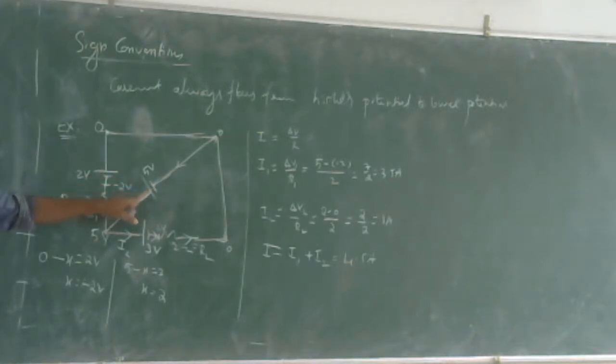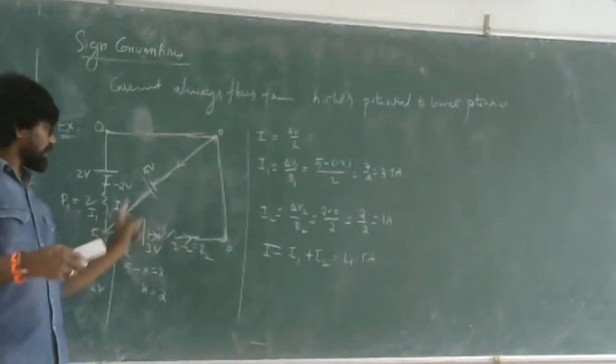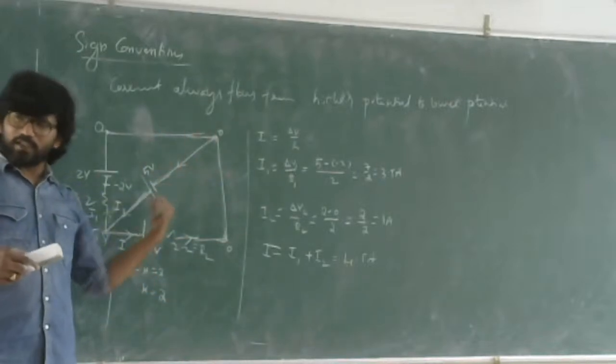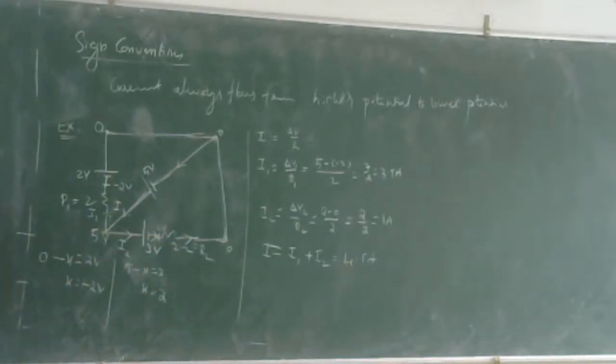If current is drawn from the battery by a resistor or some element, the cell is discharging, or drawing current. If current is flowing into the cell, it means some external source is giving current to the cell, so it is in charging condition. So drawing the current means current will always be drawn from higher potential, so inside it will go from here to here. But outside the cell, in the external circuit, it will go from higher to lower. Alright? Next. Is this okay?